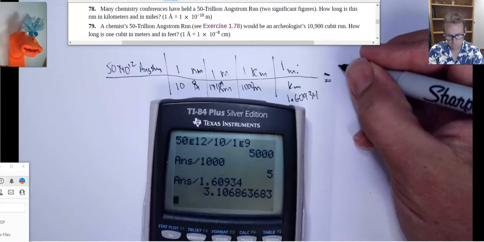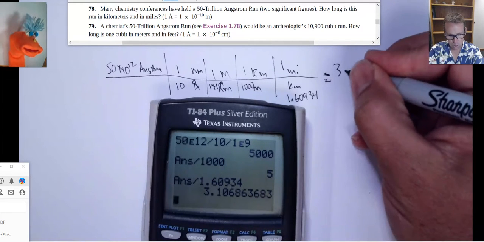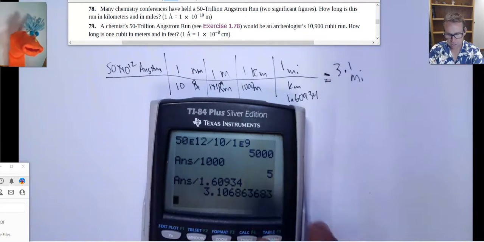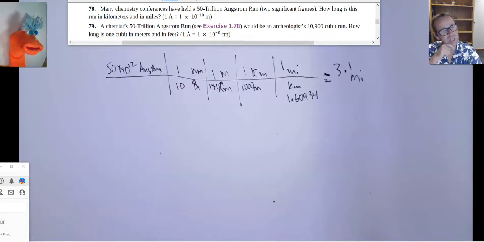So about 3.1 miles. That is how long 50 trillion angstroms is.